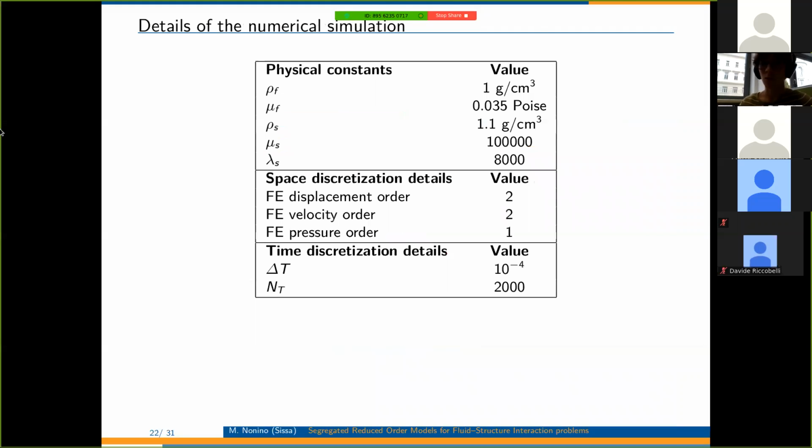And for those of you who are interested, these are the values of the parameters and the constants used in the numerical simulation. And as you can see, I used a very small time step of the order of magnitude 10 to the minus 4, for a total number of time iterations of the algorithm of 2000.